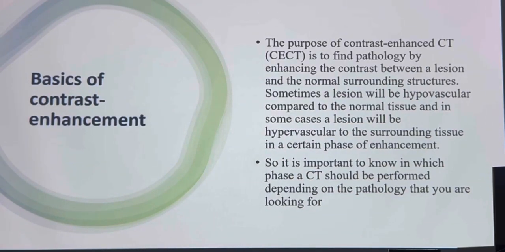The purpose of contrast-enhanced CT, what is the purpose of giving contrast for a study, particularly in CT scan, is to find pathology by enhancing the contrast, which is the difference between a lesion and the normal surrounding structures.